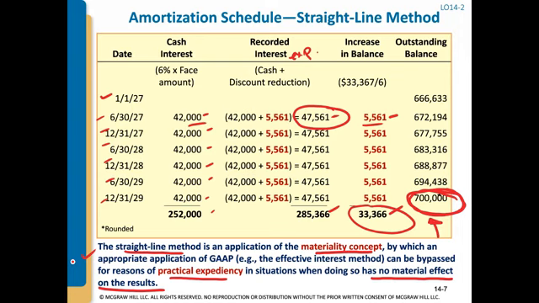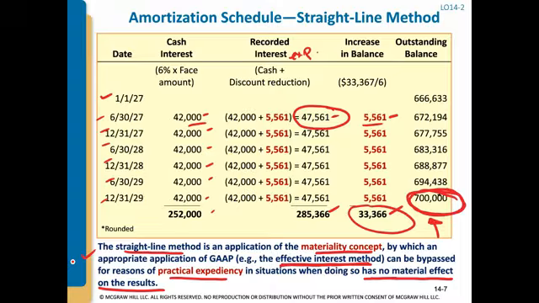What this says is that for GAAP purposes, you can use the straight line method over the effective interest method because it's easier, but you can only do that in situations when using the straight line amortization method has no material effect on the results compared to if you were to use the effective interest method.